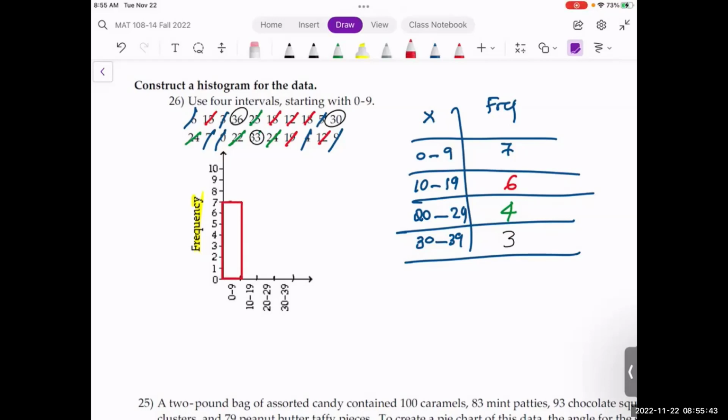Then 6. 6 is here, so I'm going to go to 6. That's done. And then I'm going to go to 4. 4 right here. That's 4. And then 3. 3 right here. And you're all set.